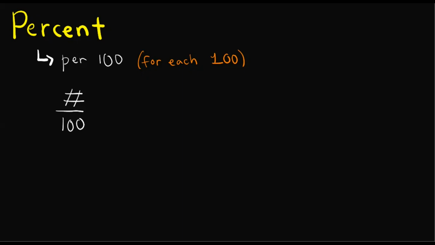So this one is a percent, but since the denominator is always 100, we usually replace this denominator with the symbol of percent, which is this one, the percent symbol. So we usually write this as a number and percent. So that is how percents work. They are basically a fraction with a denominator of 100.